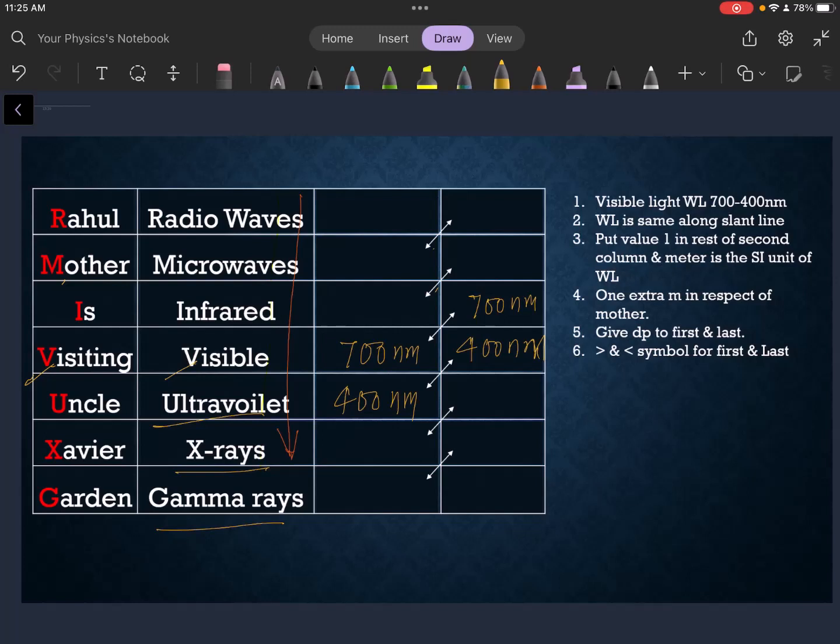So put value 1 in the rest of the second column except the last one, I mean the gamma one. You have to put one here, one here, one here, one here, except the last one. And the SI unit of wavelength is meter. So put meter, meter, meter, meter here.